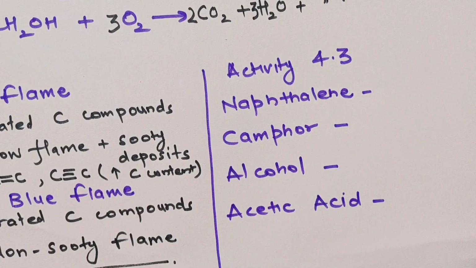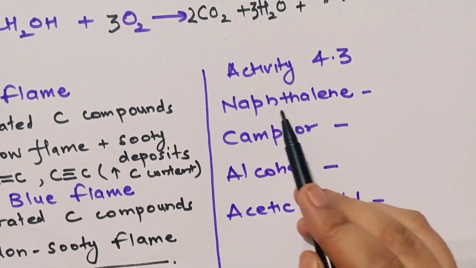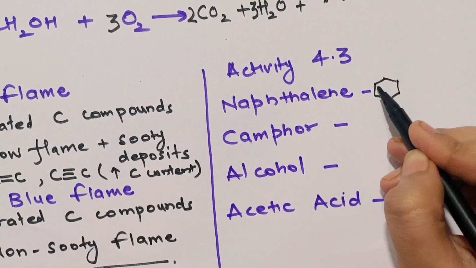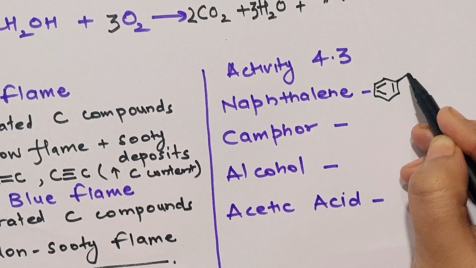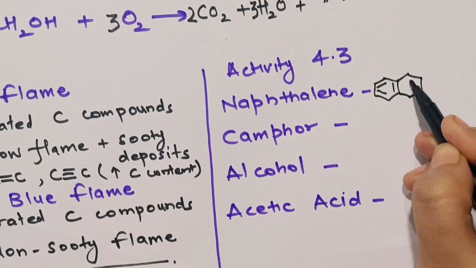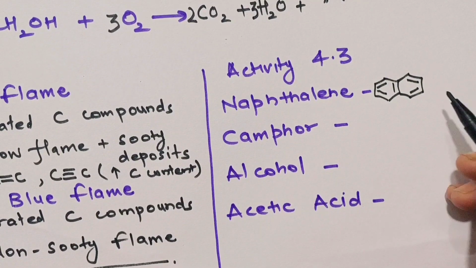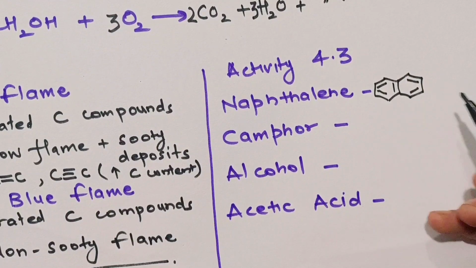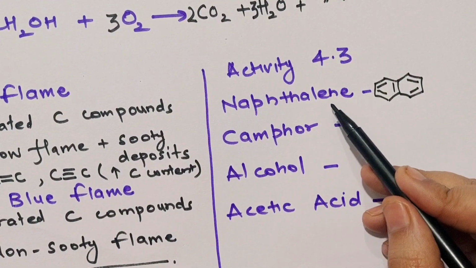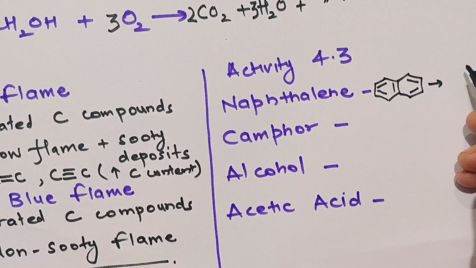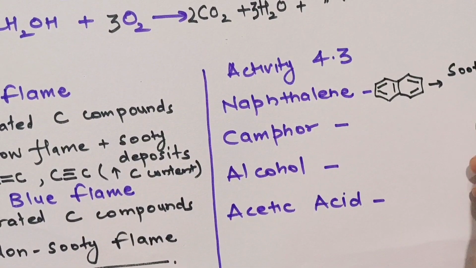Which one will burn with sooty flame and which one will burn with clean blue flame? Naphthalene is an unsaturated compound. Why? Because it's basically benzene, two rings of benzene fused together. Benzene is unsaturated, therefore naphthalene is unsaturated. If it's unsaturated, it's going to burn with sooty flame.